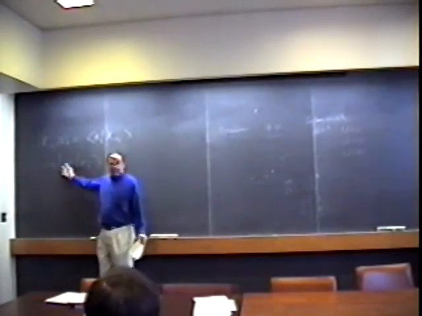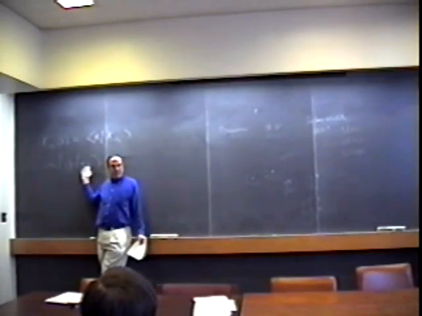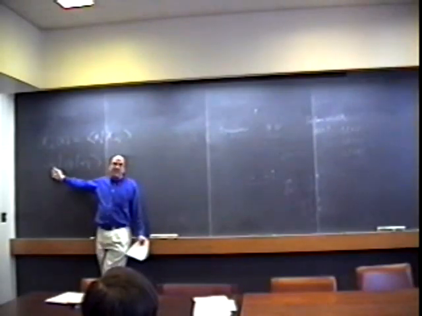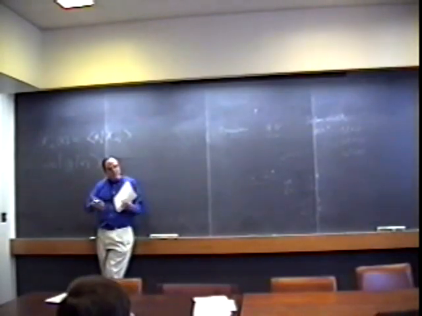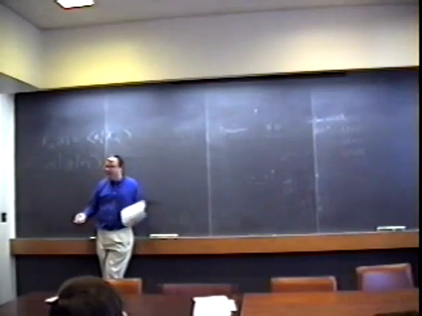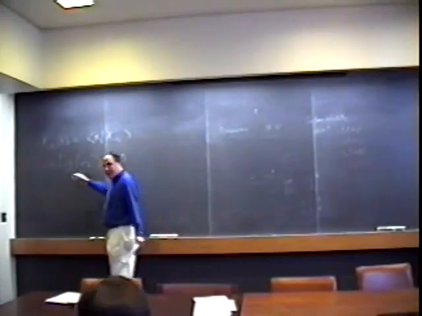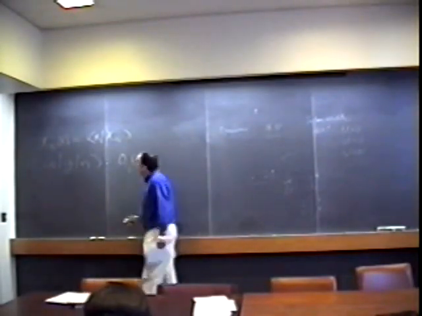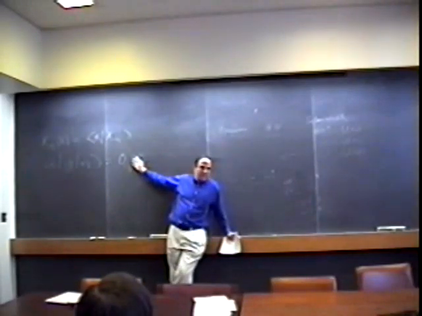So we have some electronic operator, and we have two different electronic states. And according to the Born-Oppenheimer approximation, these functions are parametric functions of internuclear distance. So that means that this matrix element is going to be an implicit function of R, internuclear distance.